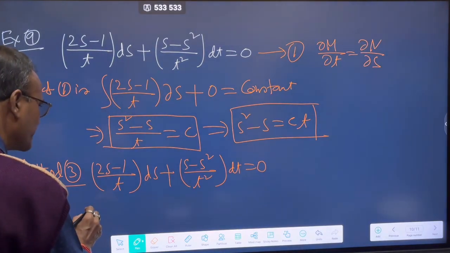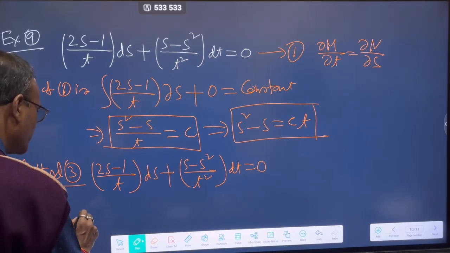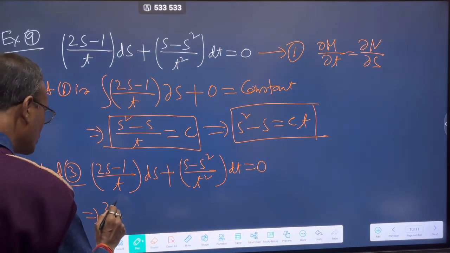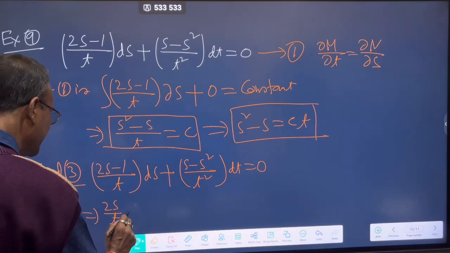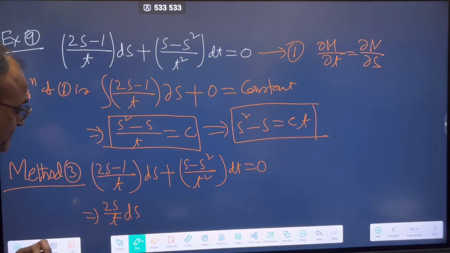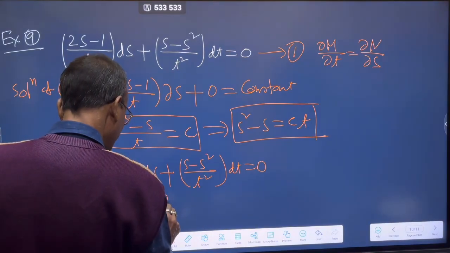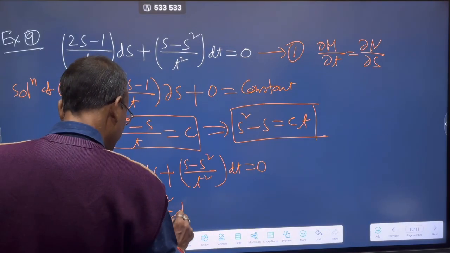This means you may write 2s by t ds minus s square by t square dt.